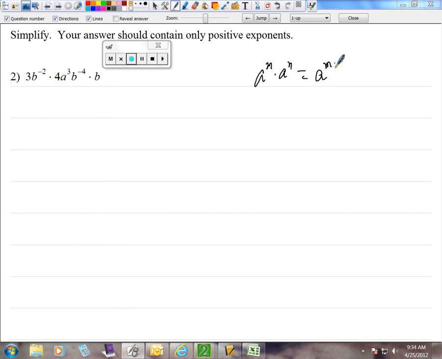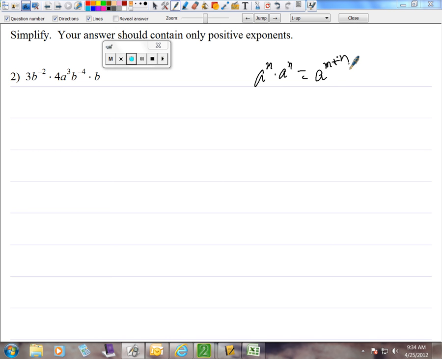I would do this first. Add exponents on the ones that I can combine. Don't I have 3 b's up there? And what's everything connected by? Multiplication. So can I add all the exponents of the b's and get it down to a single b?